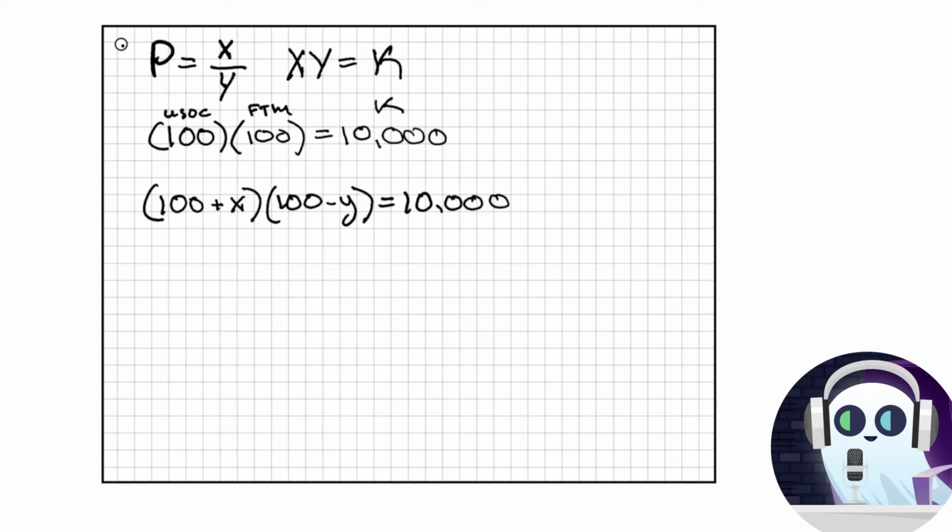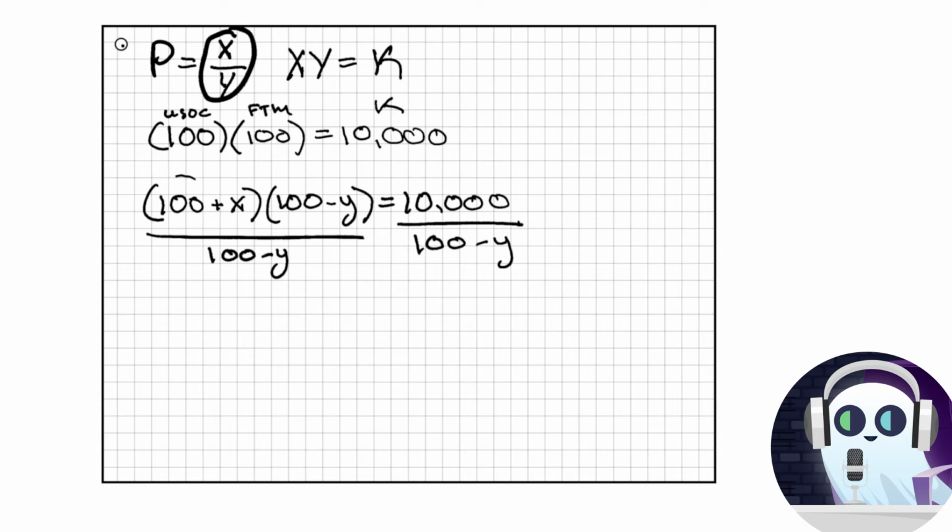So we need to get this into an equation we can solve. What I'm going to do is divide everything by 100 minus Y, on this side and on this side.